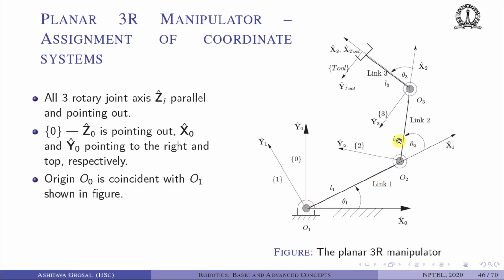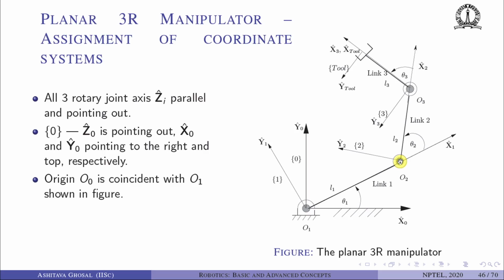The x2 axis is along the common perpendicular between z2 and z3 as shown here. x3 is a special case. We'll show how to do it. Once x1 is known, y1 is perpendicular to this as shown here. y2 is perpendicular to x2 as shown here. So the first coordinate system 1 is determined by x1, y1, and the origin O1, which is here. The second coordinate system is determined by x2, y2, and the origin, which is shown here.